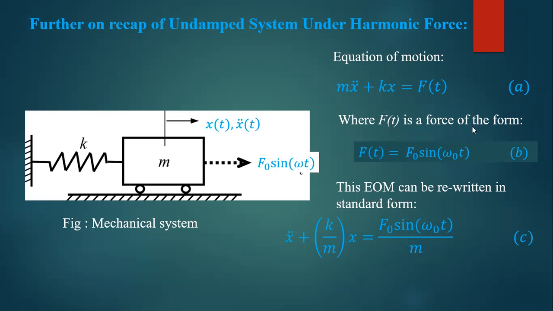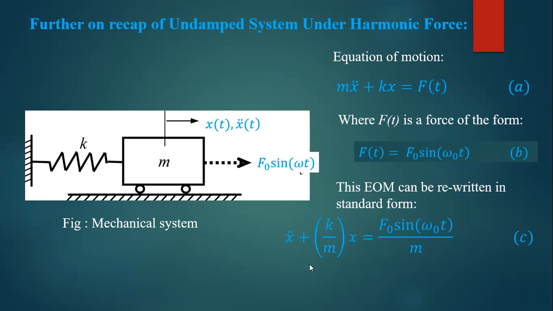The forcing part, represented as F of t, is equal to F naught sine omega t. So the equation of motion becomes m x double dot plus k x equals F naught sine omega naught t.